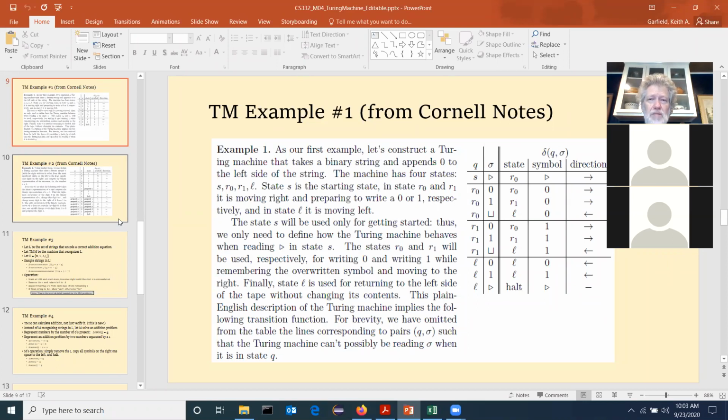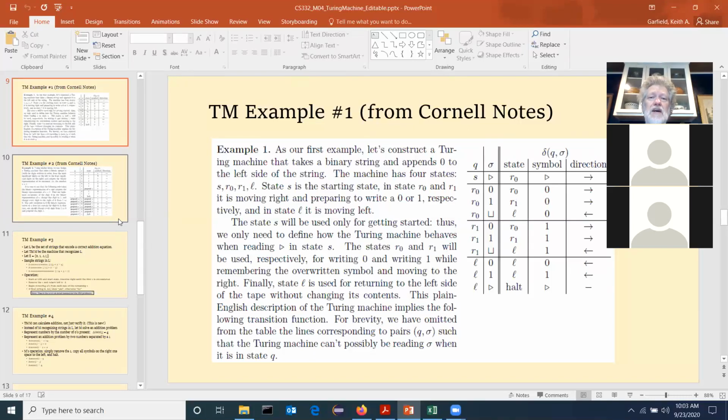One way to do it would be to copy the whole string 1 space to the right in terms of the cells on the tape. Every 0 and 1 gets copied 1 to the right. And then you go back to the front and just write a 0 there at the very first position. That's how you can prepend a 0.